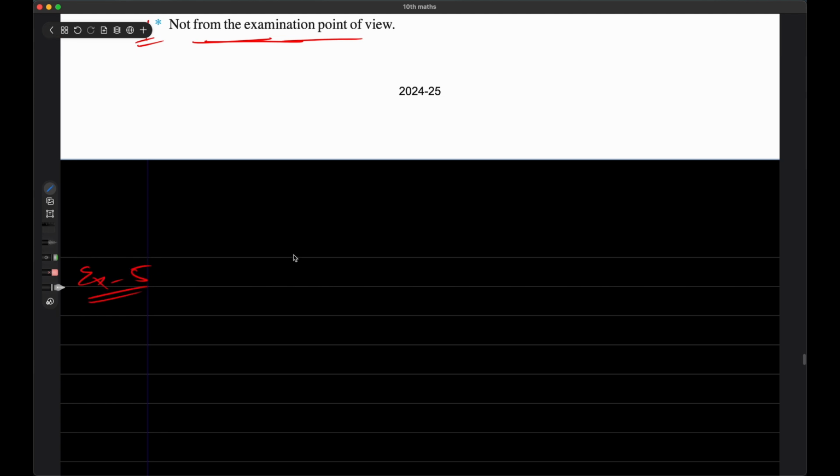We are given the zeros of the polynomial. Zeros of the polynomial are 3, minus 1 and minus 1 divided by 3.